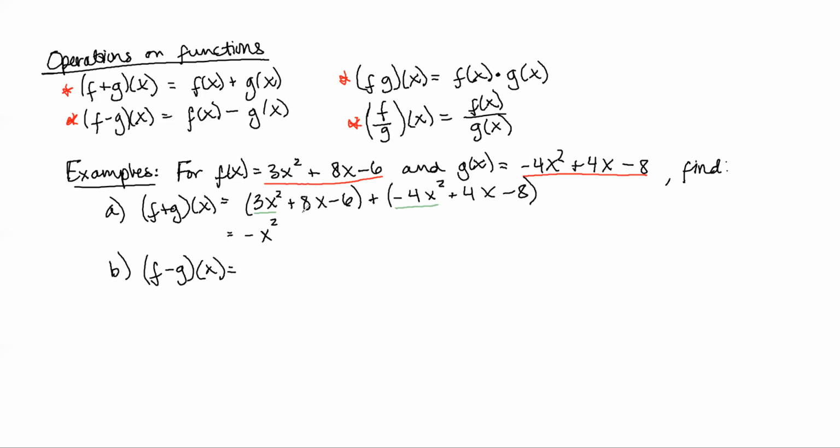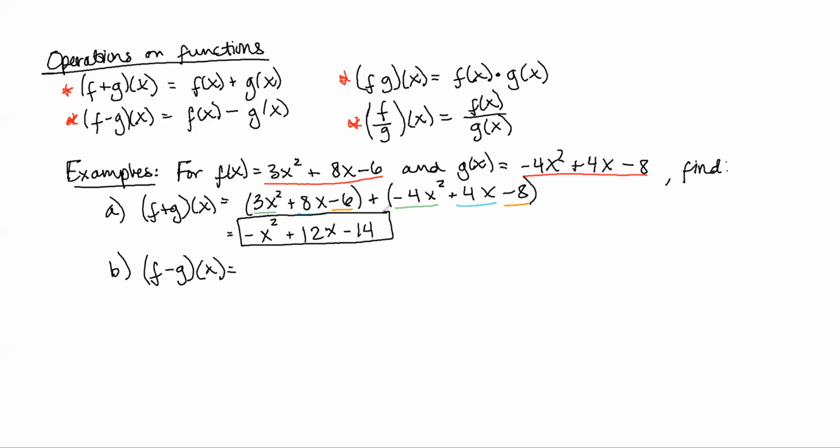Then we'll have 8x plus 4x, which is going to give us a positive, so plus 12x. And then finally, negative 6 minus 8, or negative 6 plus negative 8, that'll give us a negative 14. And this is all we're doing for these, just combining those like terms.